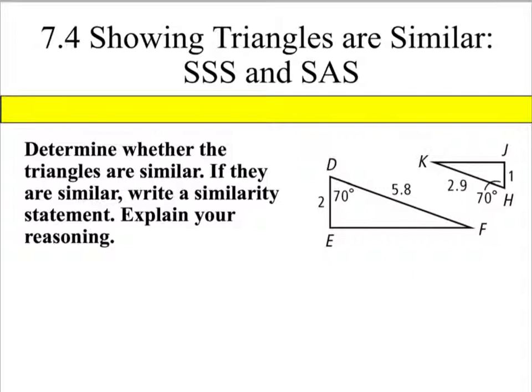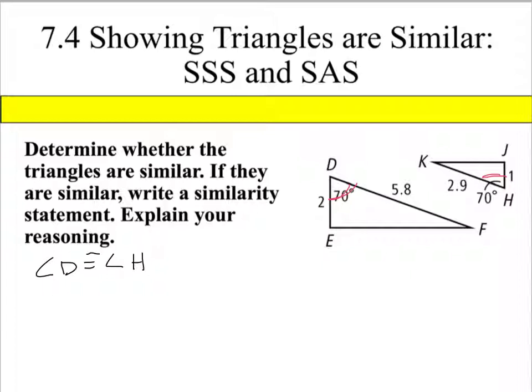Can we prove these triangles are similar? First we have to look at the information we are given. We know that angle D is congruent to angle H. How do we know that? They're both 70 degrees, so they have to be congruent to one another.